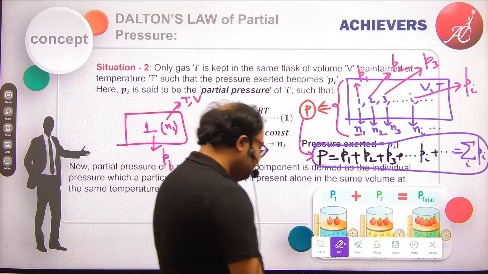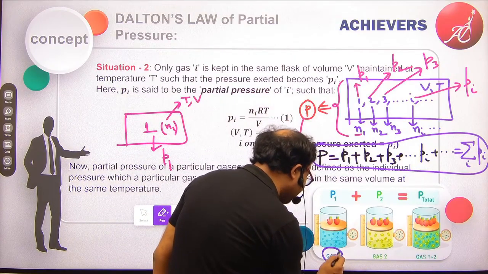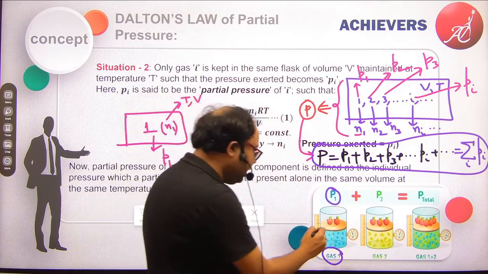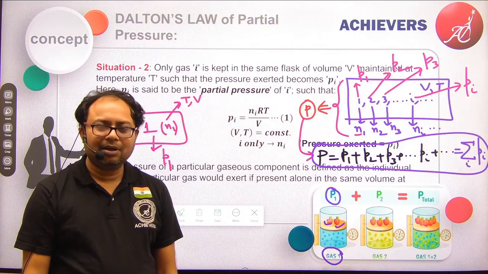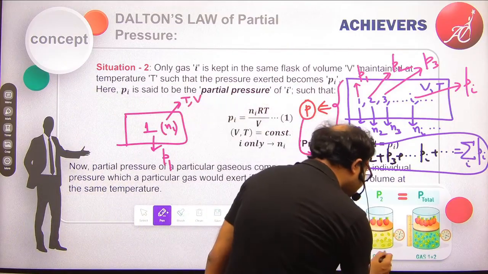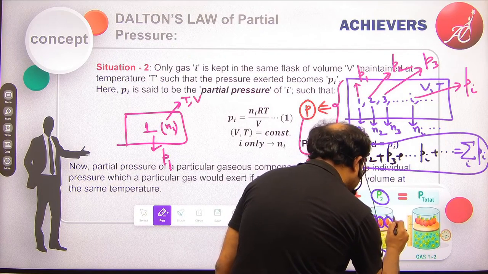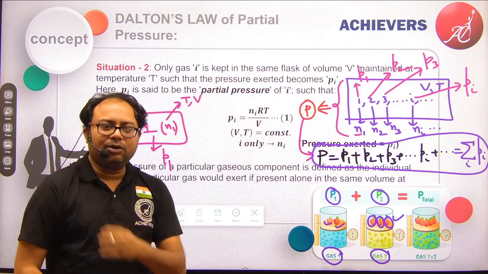That means you can understand this. If gas 1 has pressure P1 represented by 2 apples, and gas 2 has pressure P2 represented by these 3 apples, then what would be the total pressure?